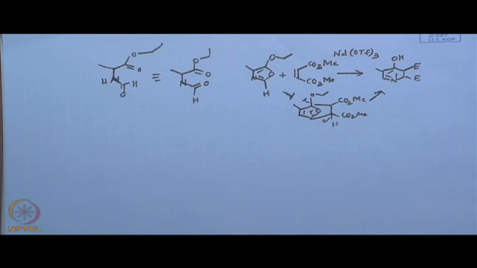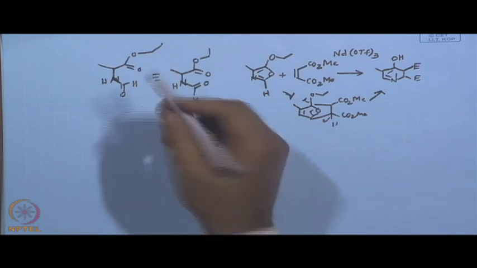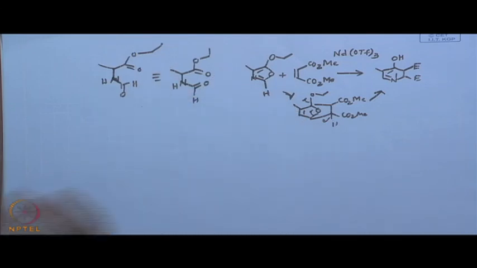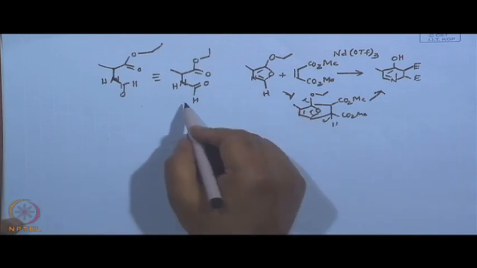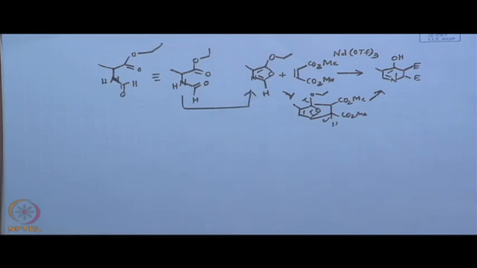So, that means an N-formylated amino acid. So, all these alpha amino acids can be converted into the corresponding oxazole. And how do you do it? If it is hydrolytic cleavage, how do you do it? The reverse of hydrolytic cleavage is dehydrative cyclization, cyclocondensation.